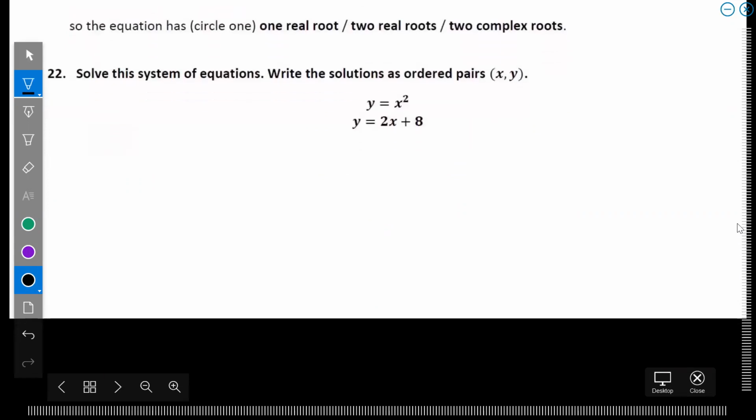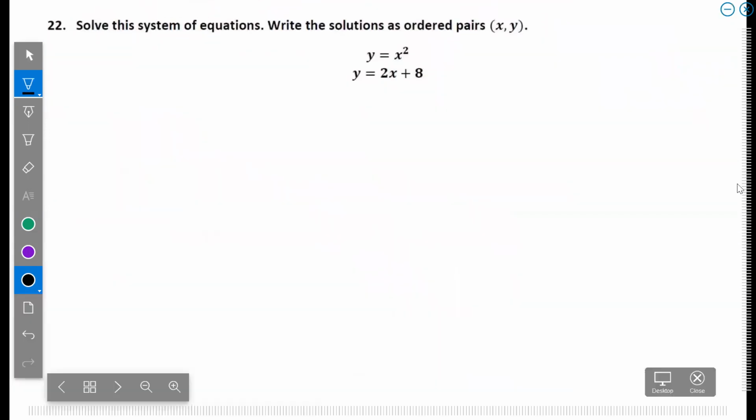So on number 22, it says to solve the system. We have 3 ways of doing that. We can solve a system by graphing. We can solve a system by substitution. Or we can solve a system by elimination.